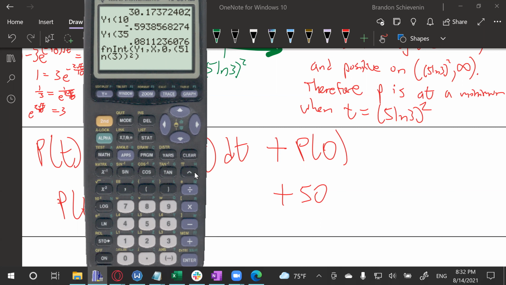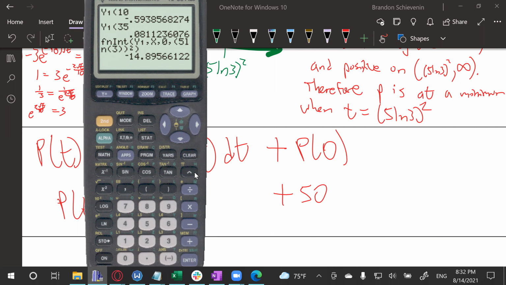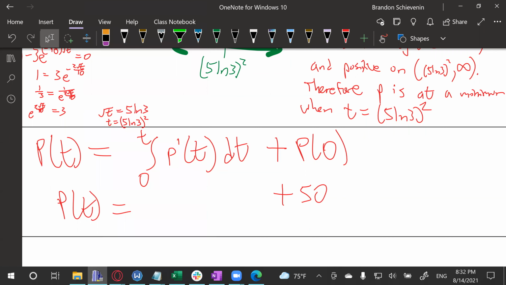Okay, just wait a second and let that run. And there we go. So we've got our integral. My integral is negative 14.9-ish, 14.895, at the time five ln 3 squared.